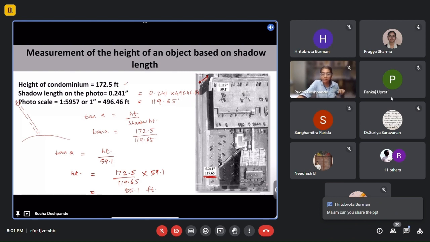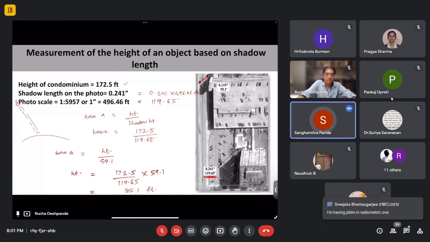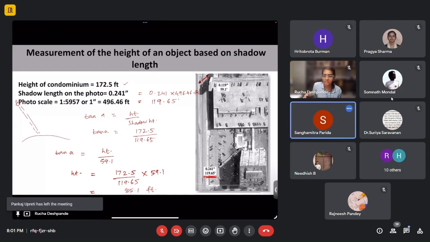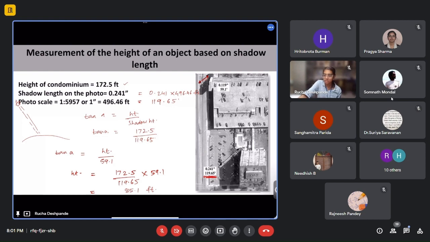Yeah, this PPT will be shared and the video recording will also be shared. Will aerosol optical thickness come under atmospheric error? Aerosol optical thickness, yeah. Okay, we will discuss radiometric correction in the next session.